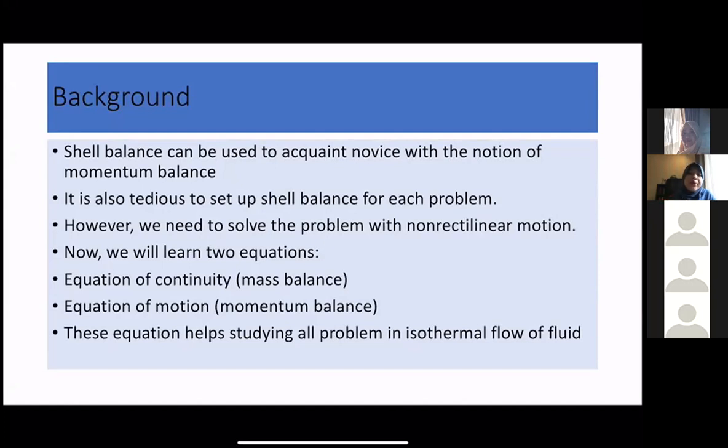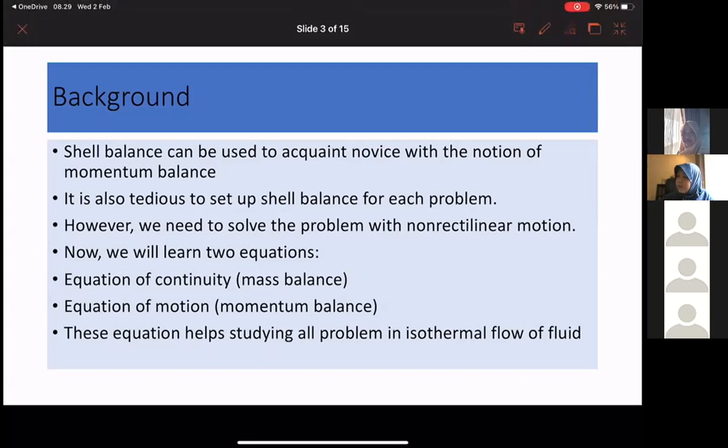Okay, so in order to solve more complex problems, or more non-linear problems, we will learn two equations. The first one is called the equation of continuity, or the mass balance, and the second one is the equation of motion, which is actually the momentum balance.